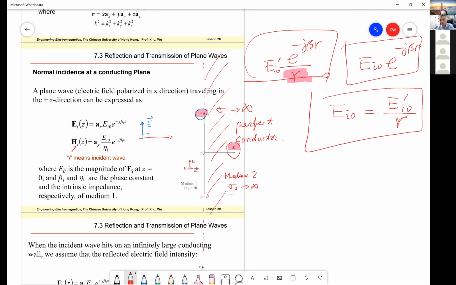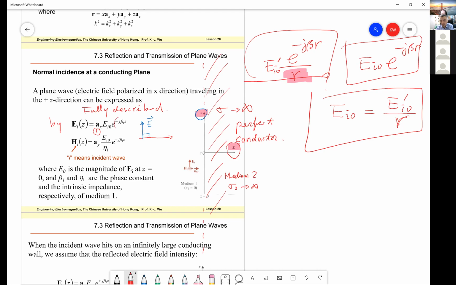We have the electrical field of the plane wave fully described. That means we must have three important factors, right? First, polarization.